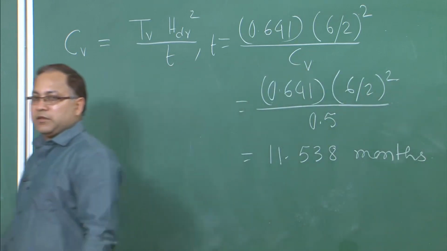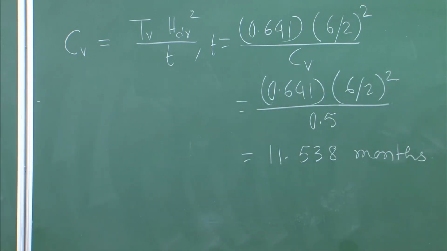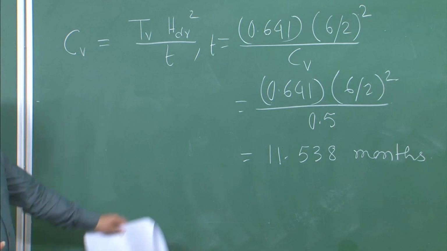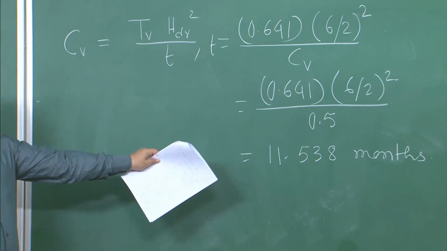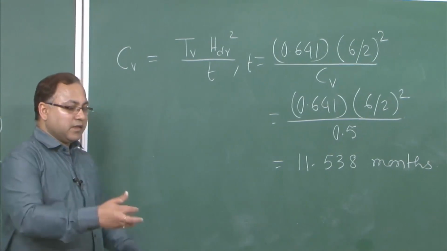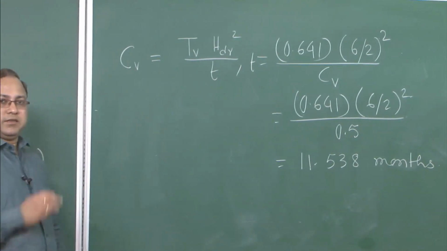That means the clay stratum of 6 meter thickness will experience 50 centimeter settlement in 11.538 months, if other things remain as they are.